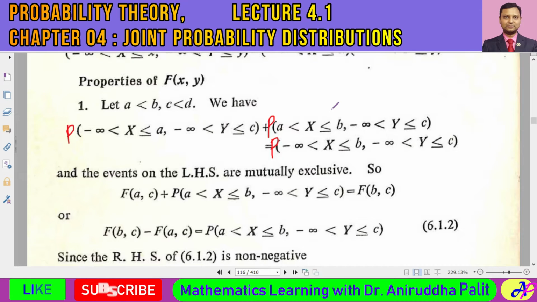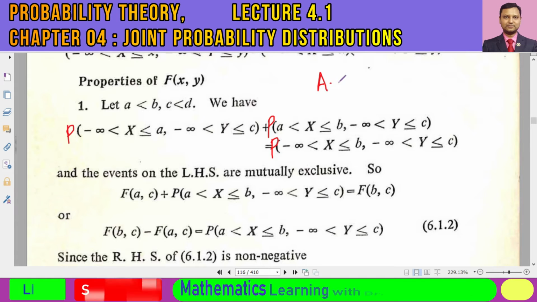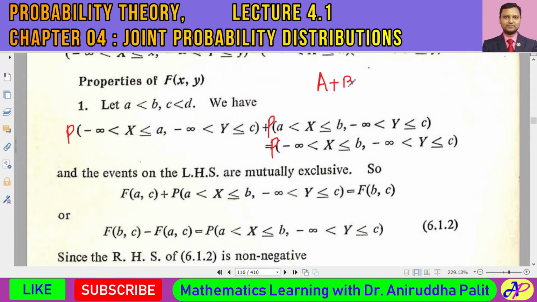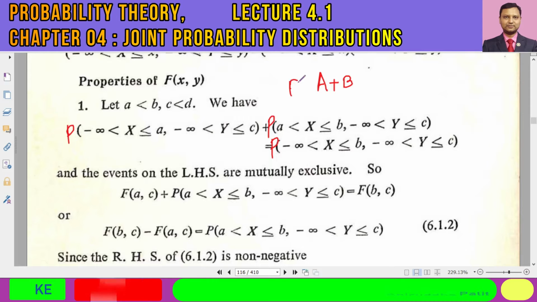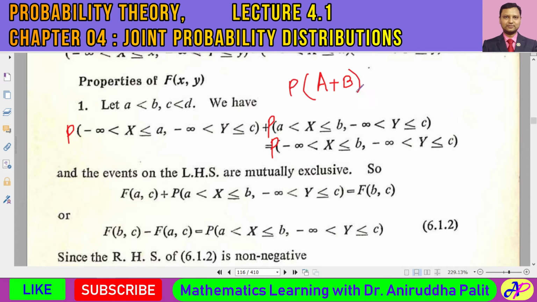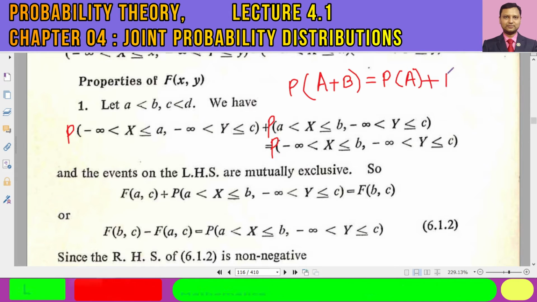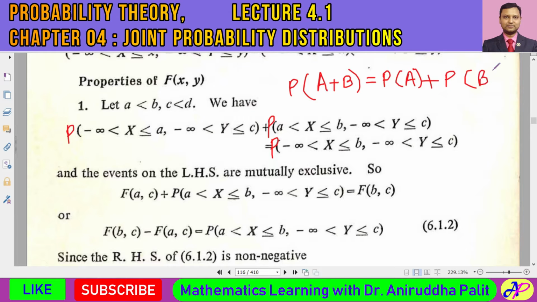What is the third axiom? The third axiom says that if we have two events, A and B, such that they are mutually exclusive, then the probability of A union B, or A plus B, whatever you call it, is equal to the probability of A plus the probability of B.